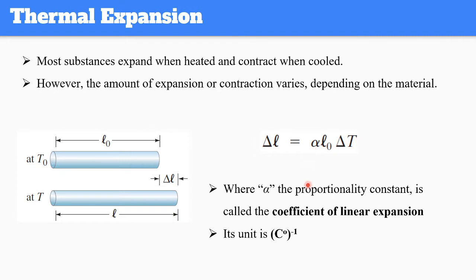It depends on the coefficient of linear expansion, which depends on the material that you have, the initial length, and how much the temperature changes. It's not initial and final. We don't care about the initial and final temperatures. We care about how much we change that. And it is measured in degrees Celsius.